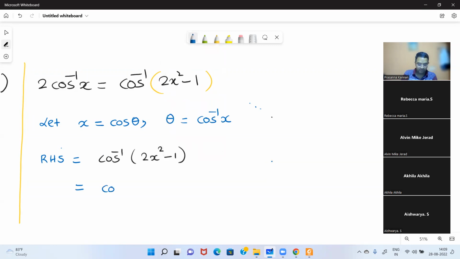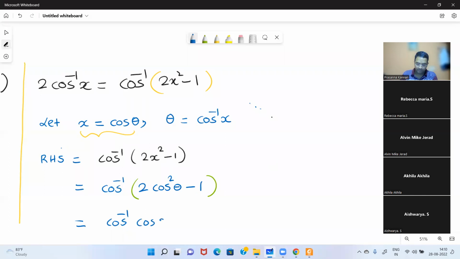This is nothing but cos inverse of 2 into x is what? Cos theta. So x square will be cos square theta. So have you seen 2 cos square theta minus 1? What is 2 cos square theta minus 1? Cos 2 theta. Very good.